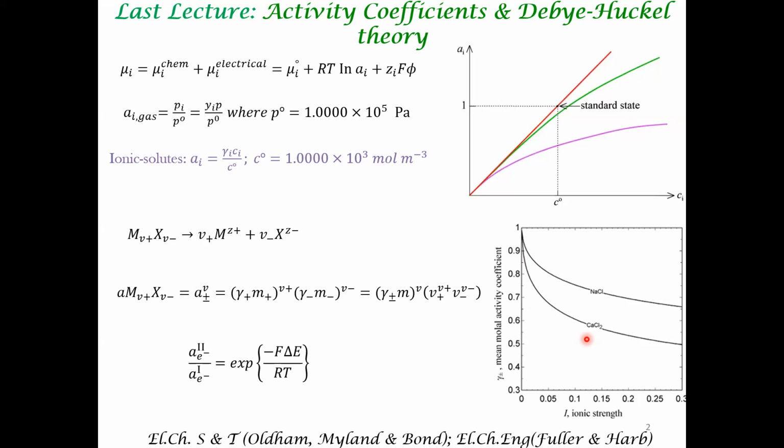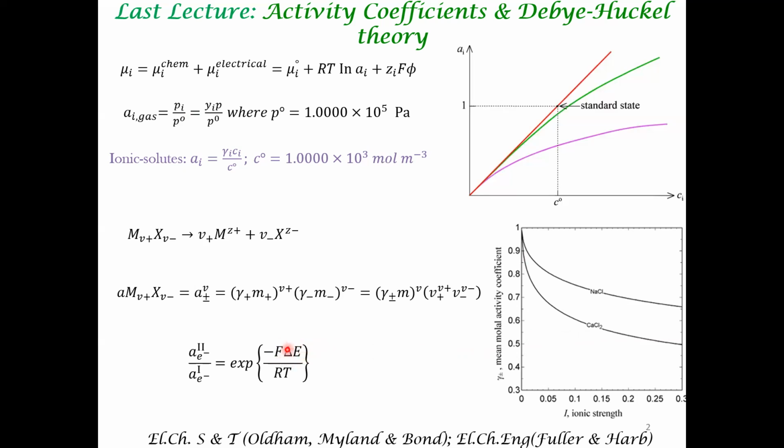We also mention how you define activity coefficient for electrons. So the activity coefficient for an electron in a metal or an electronic conductor cannot be measured in isolation. It can be measured against a potential difference between two electronic conductors.